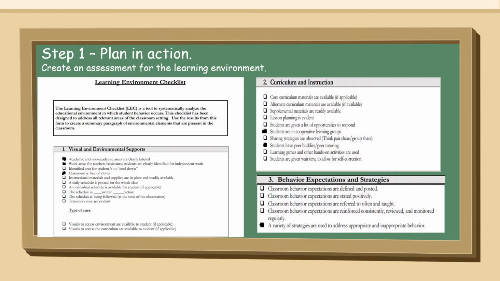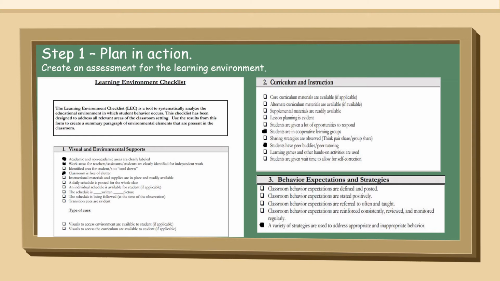Number 1 in visual and environmental supports is academic and non-academic areas are clearly labeled. 2, work areas for teachers, assistants, and students are clearly identified for independent work. Number 3, classroom is free of clutter.